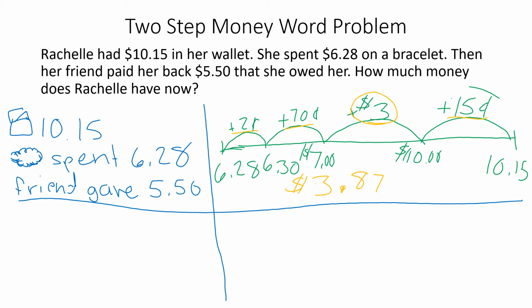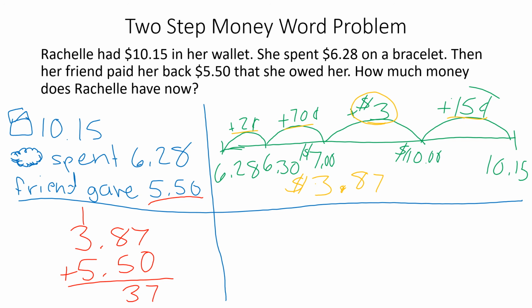Now the second step is to think, okay, so she has $3.87 left in her wallet, but then her friend pays her back $5.50. So now we need to add those two amounts together. So $3.87, and I'm going to use the traditional algorithm to solve this. So I put the decimal points in there, but it's just like saying 387 plus 550. So 7 plus 0 is 7. 8 plus 5 is 13.